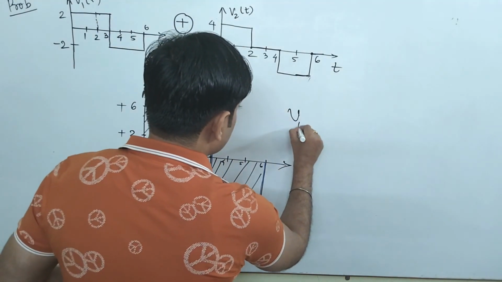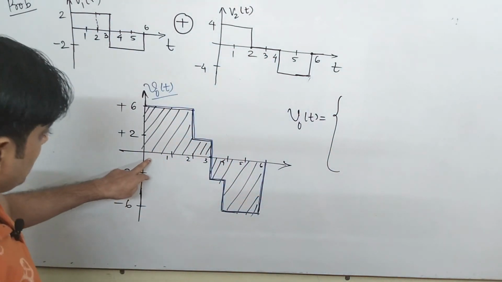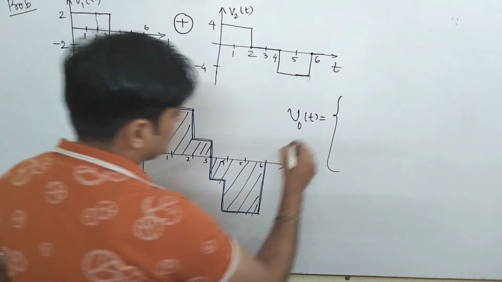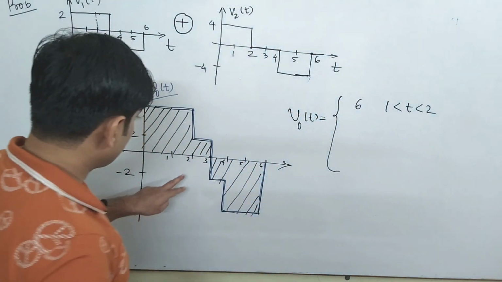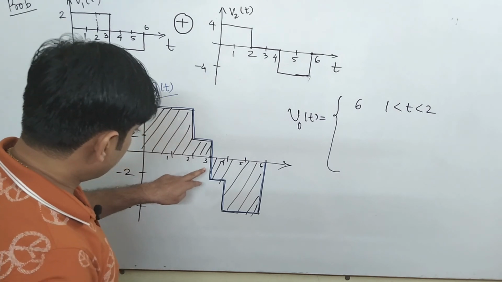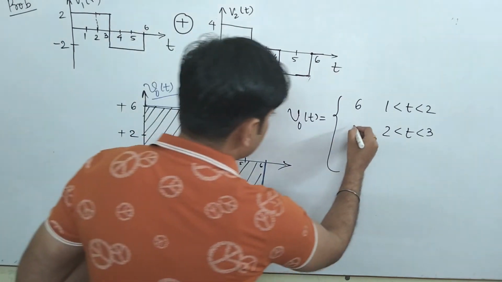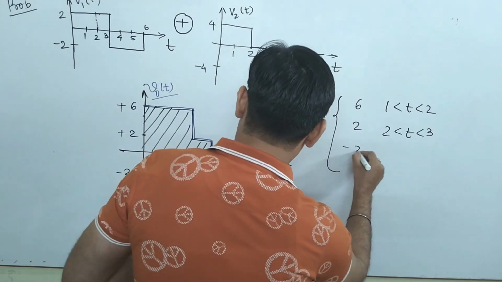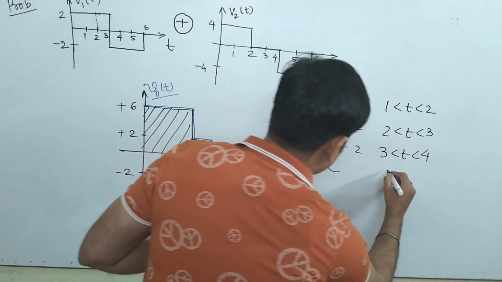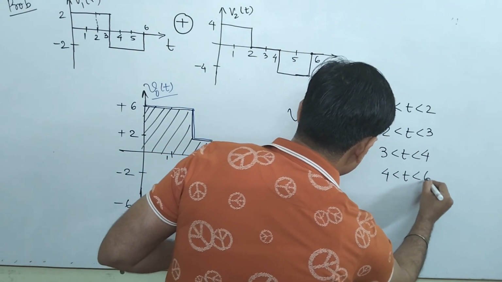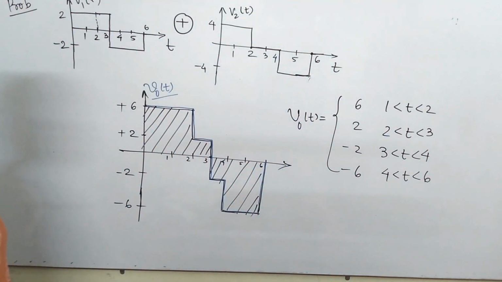Yes, the value of V0(t) comes to be, now we will find, see, from 0 to 2 this value is 6, so it is 6 from 0 to 2. From 2 to 3 this value is 2, it is minus 2 from 3 to 4, and from 4 to 6 this value is minus of 6.